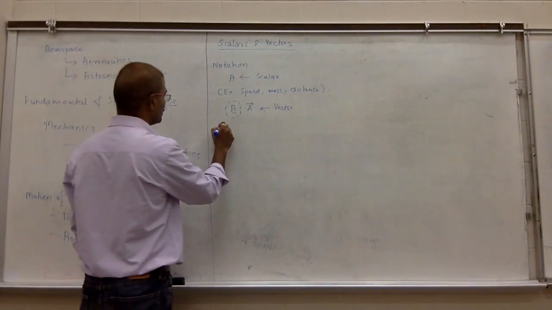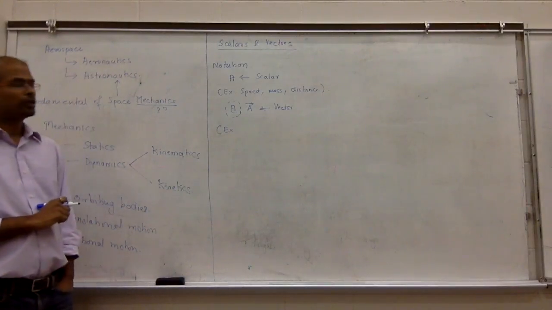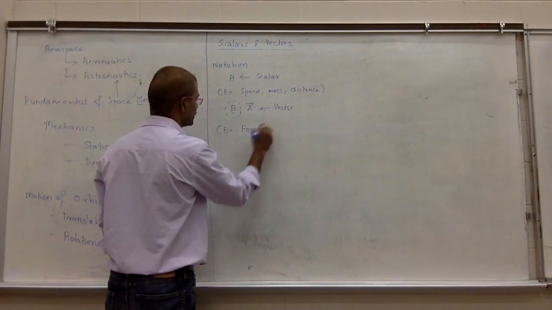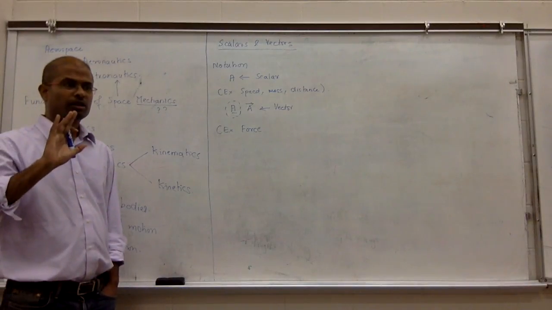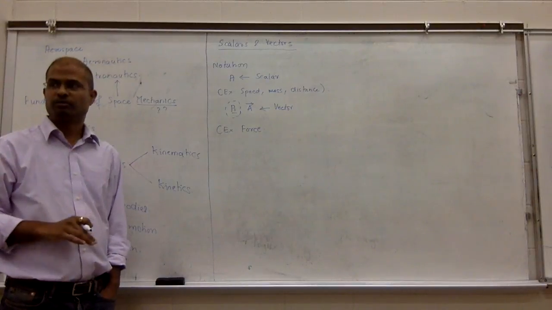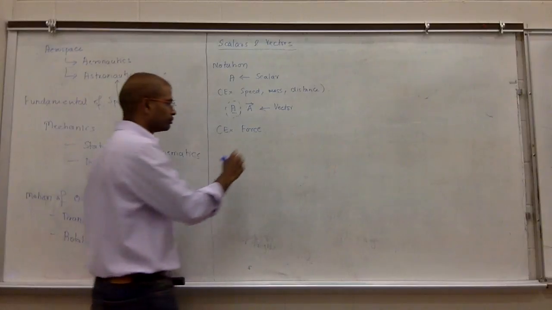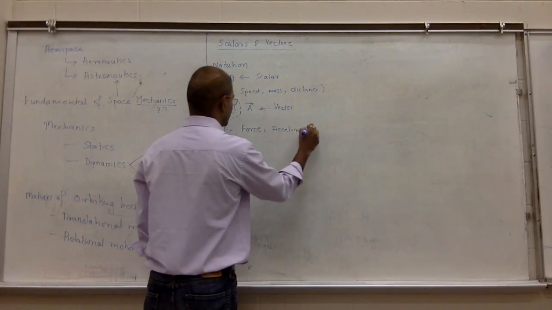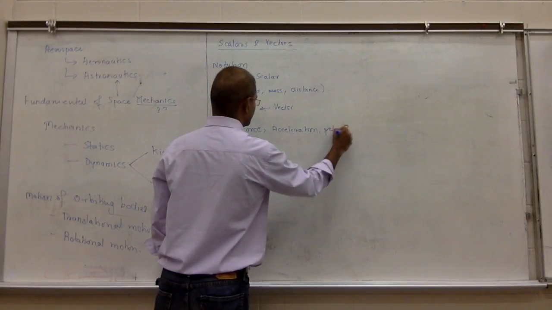Now first let us take an example of vector quantities. Force is a vector, right? Force is a vector because you need magnitude and there's a direction, right? Acceleration is a vector quantity. Velocity is a vector quantity, right?